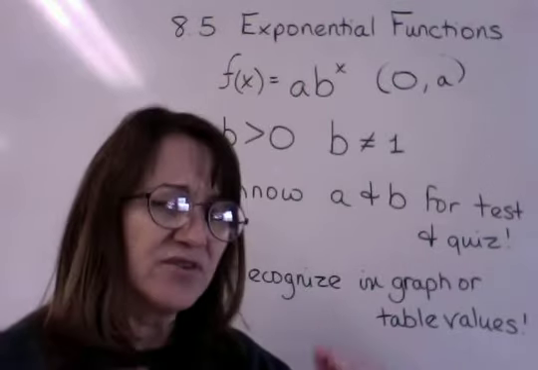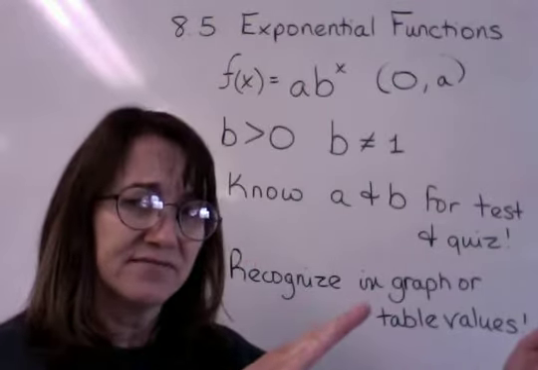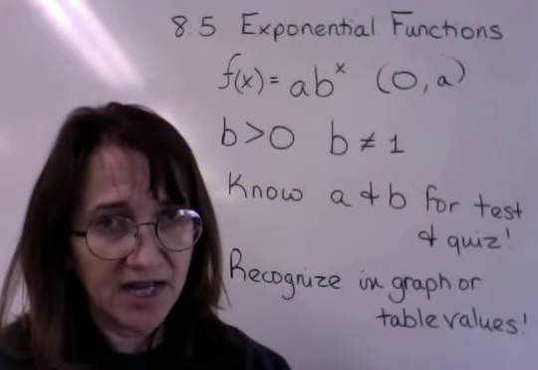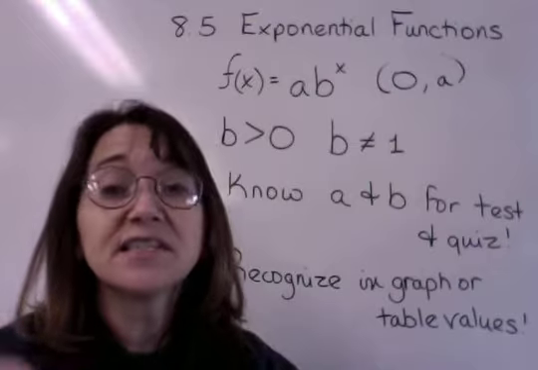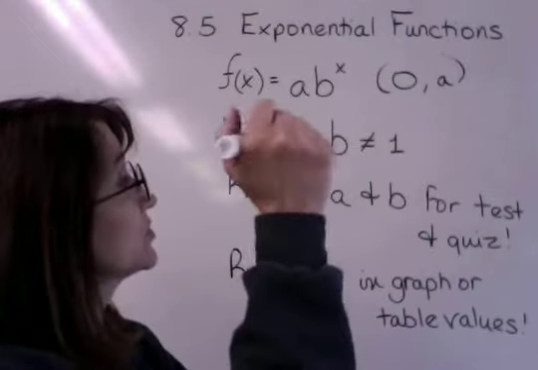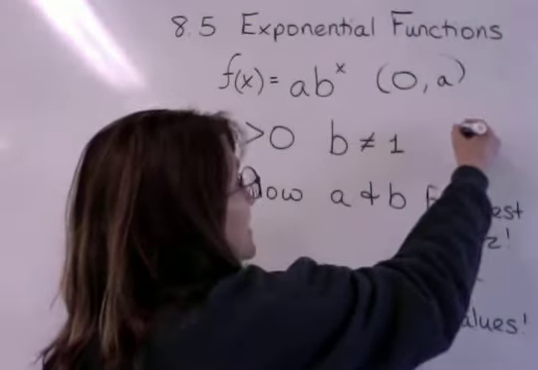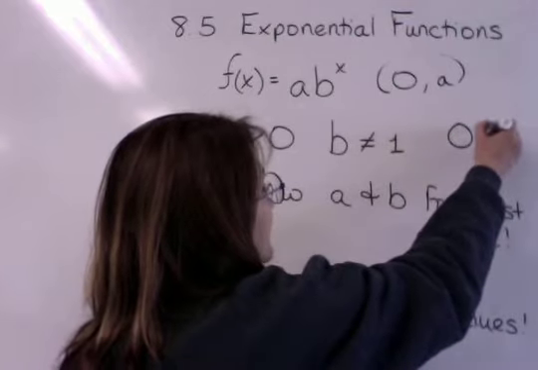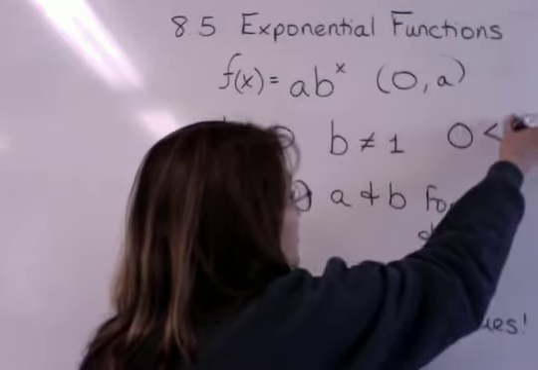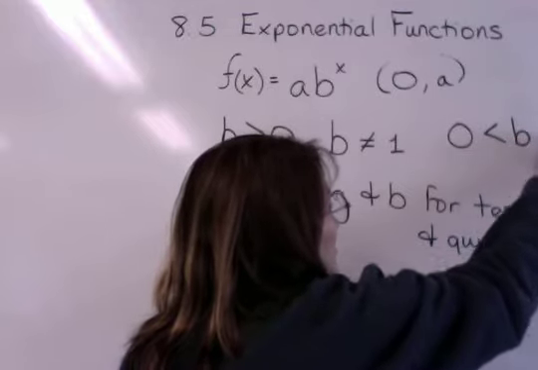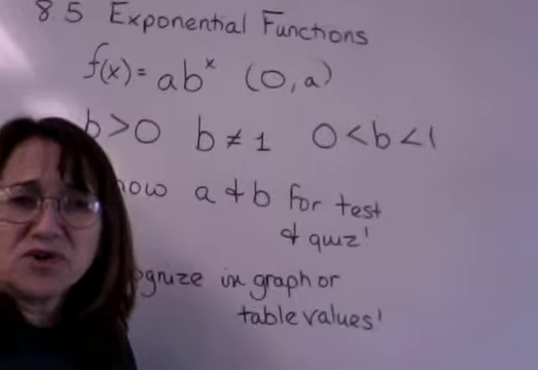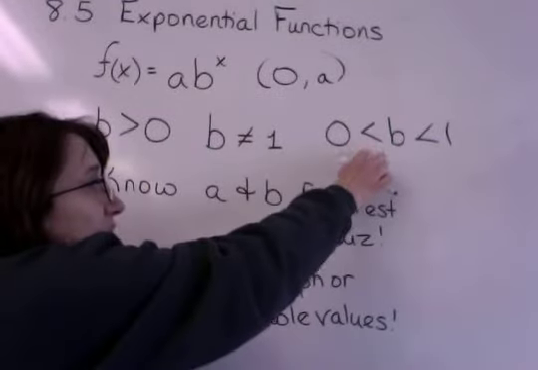If your graph is increasing, it would be the opposite of that. The one you have on your test is decreasing. So technically what you need to know for your test is to write this inequality: b is greater than 0, but b is less than 1. You cannot see that because it went off the screen. You're going to have to know that for your test.